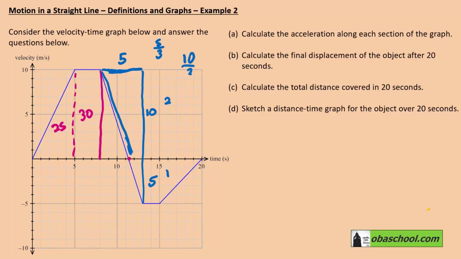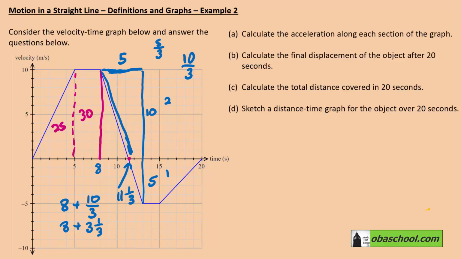So it's going to go across 10/3. And of course this is at 8. So that means that we've got 8 plus 10/3, which is 8 plus 3 and 1/3. So this point here is at 11 and 1/3.